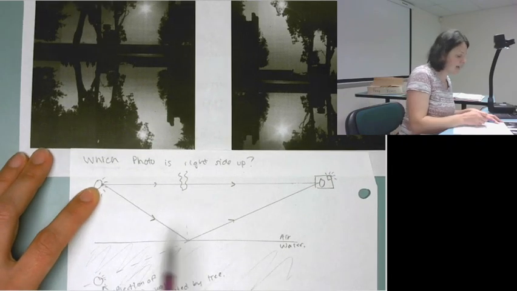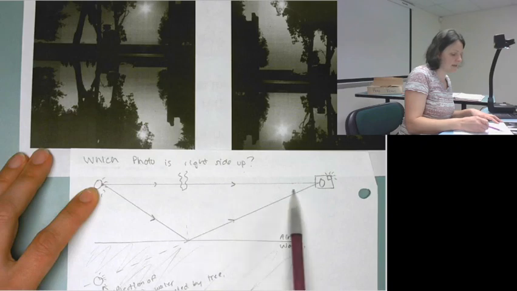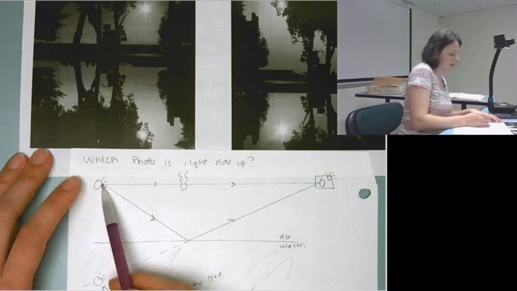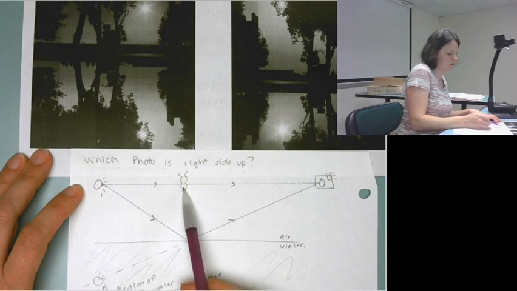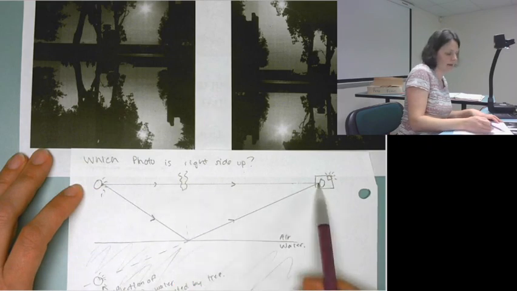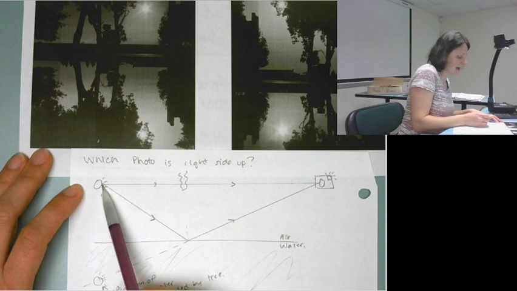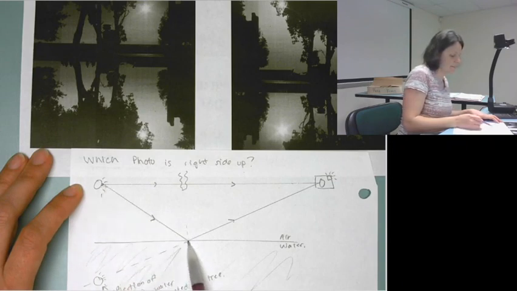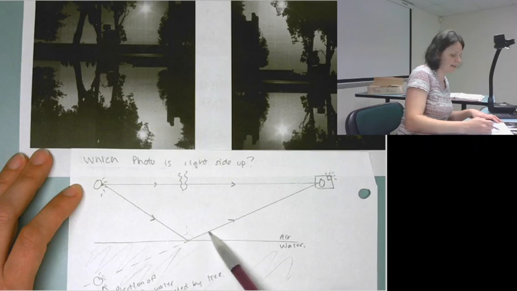I have this packet of light coming over here, and this light has to pass straight through a tree to get to there. Okay. There's another one of these rays that is going to come out and down, and then it's going to bounce off of the water surface such that the angle of incidence equals the angle of reflection, and then it'll pass up to the camera.